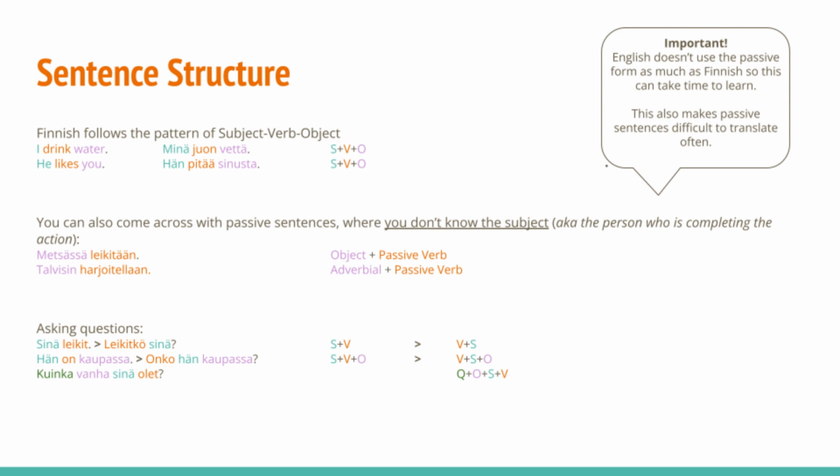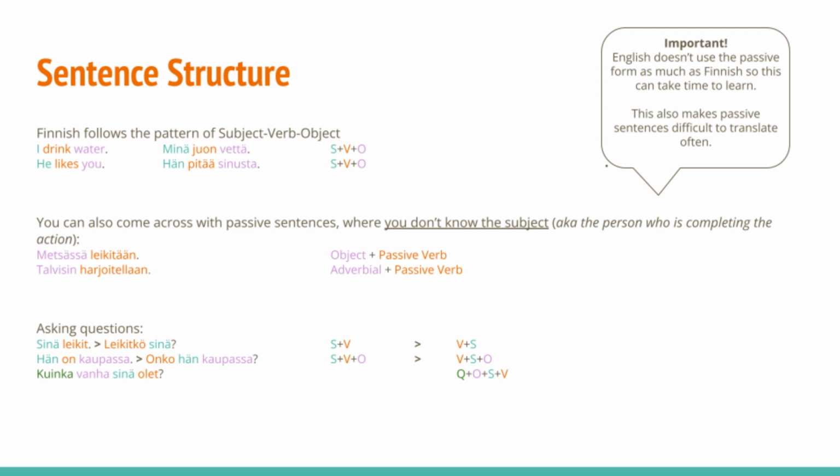And I included 2 example sentences. As you see, there are no translations written, and that's exactly because they are very difficult to translate. The first sentence is metsässä leikitään, which would roughly translate into someone is playing within a forest.